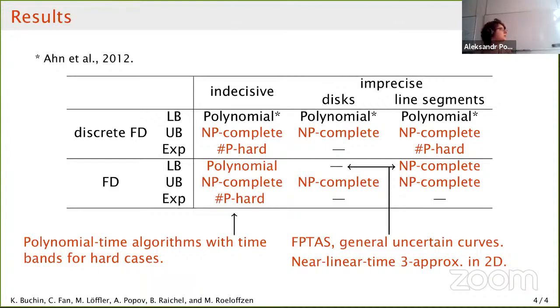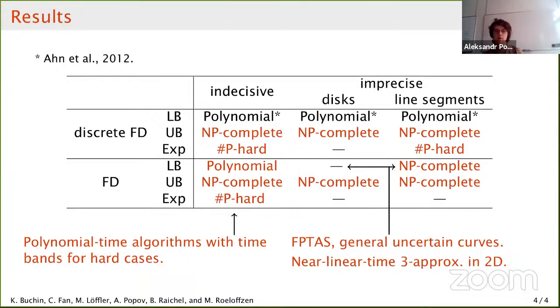So for the, yeah, this basically has to do with the fact that Fréchet distance is this bottleneck measure.